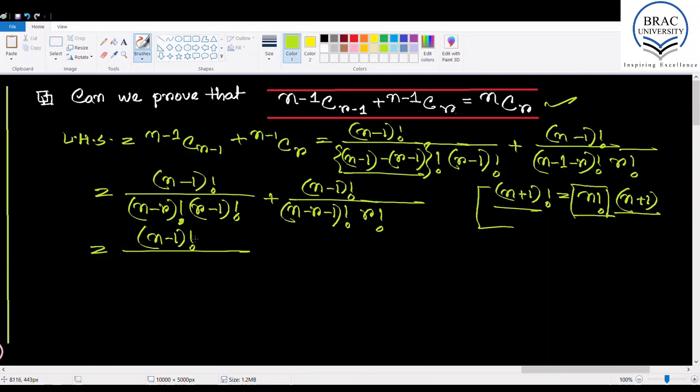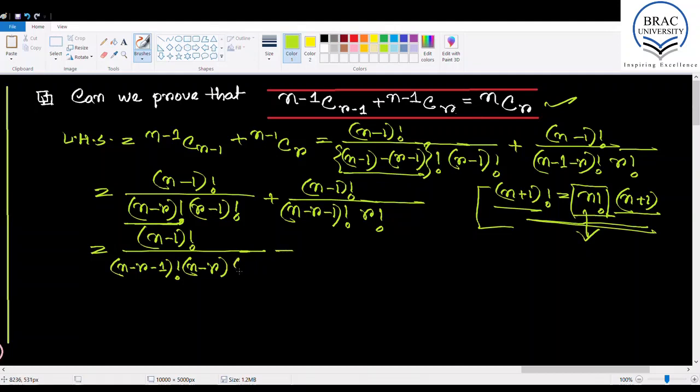And see here, can we write this using this formula, (n minus r) factorial? Yes, we can write it like this: (n minus r minus 1) factorial into (n minus r), okay?